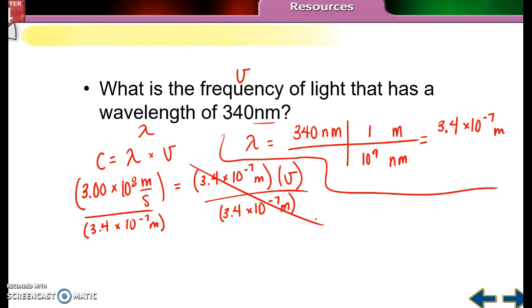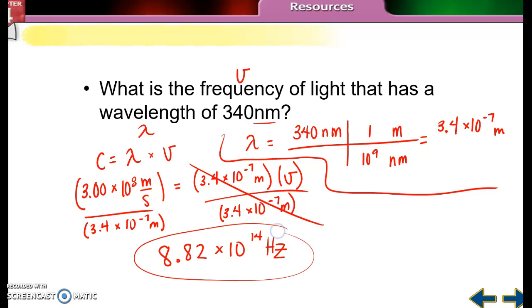And I'm going to end up getting 8.82 times 10 to the 14th hertz. Because this is frequency, I'm going to make sure that my units are the frequency units, and those are hertz. So, questions?